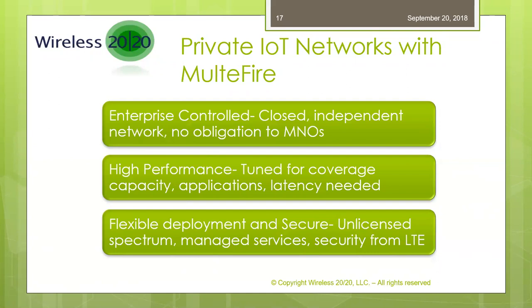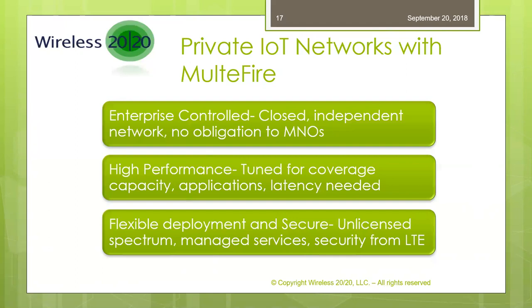It's high performance, it's tuned for coverage, capacity and applications, and it has the latency built into it. And again, most people are quite familiar with that because of their experience with LTE. So this capability to deploy an LTE-like network in unlicensed spectrum still brings us all of these performance benefits.